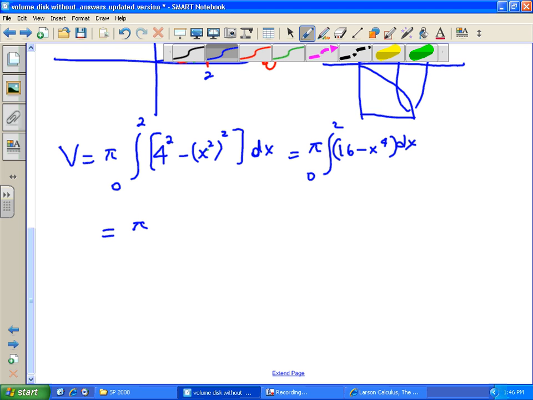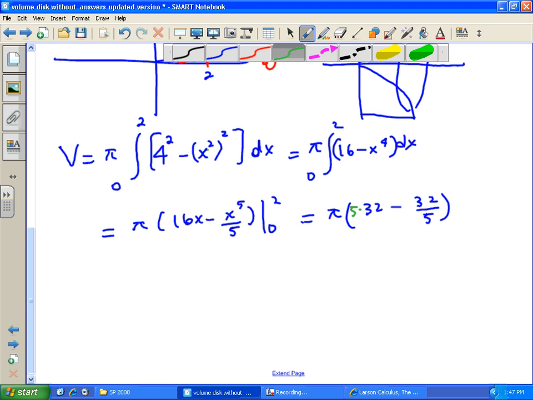which is pi times 16x minus x to the 5 over 5. That's 32 minus 32 fifths. And I could get common denominators by multiplying this one by 5 over 5.